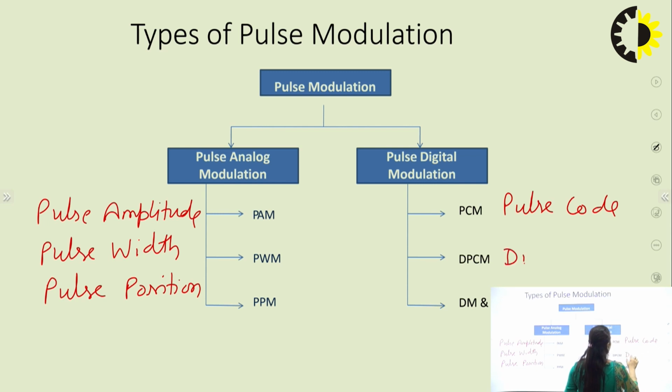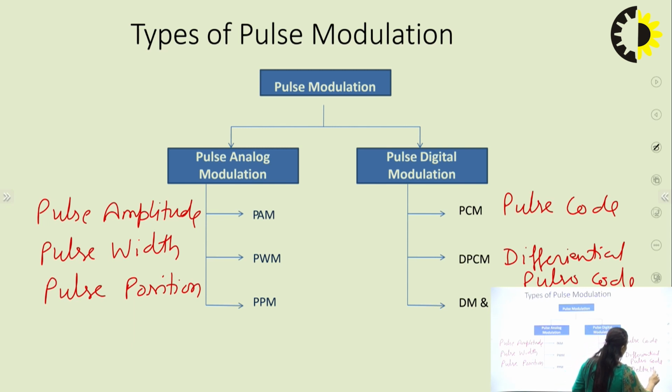Next is the differential pulse code modulation. Third one is the delta modulation, and ADM is the adaptive delta modulation.